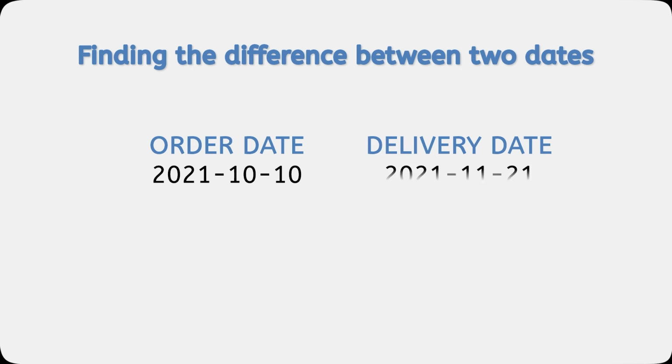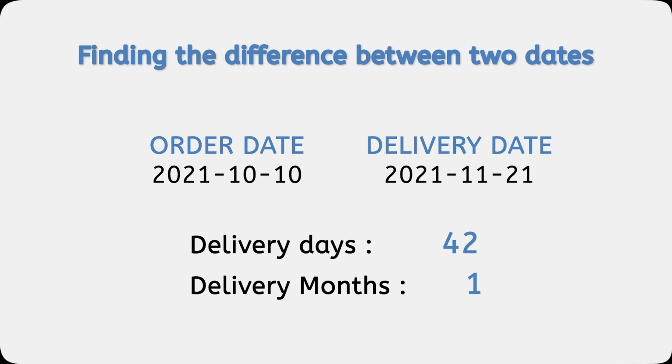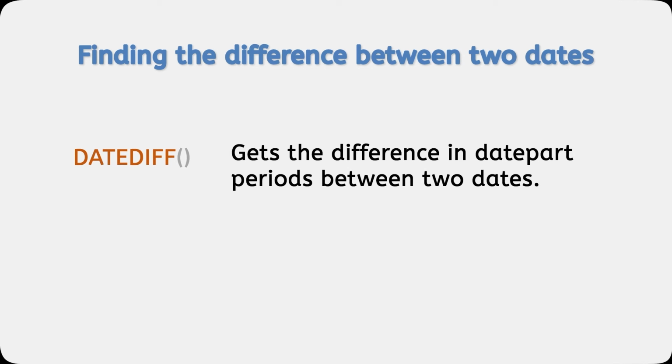It's often useful to find the difference between two dates. With this, you can do things like find the number of days between when an item was ordered and when it was delivered, or maybe the number of months since a particular customer has visited your website. The DATEDIFF function combines the utility of the DATEPART function and allows you to get the number of periods between two dates.